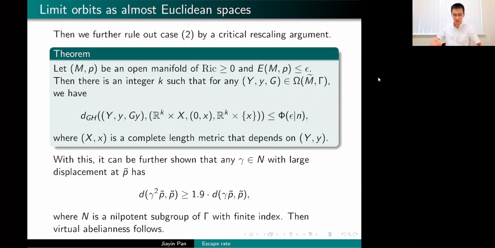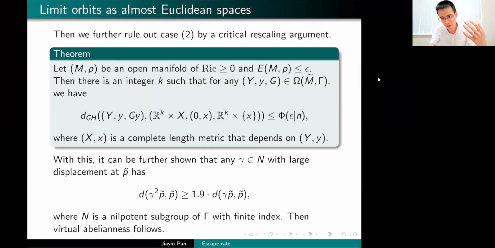Okay, once you have this, then it's close to R^k, so some of the features still remain. You can still show that if you have a nilpotent group N inside Gamma of finite index, instead of saying that it acts as pure translation, it will be acting as almost translation on the orbit G·Y.